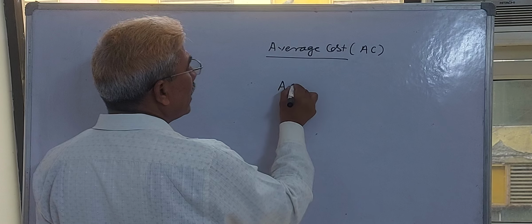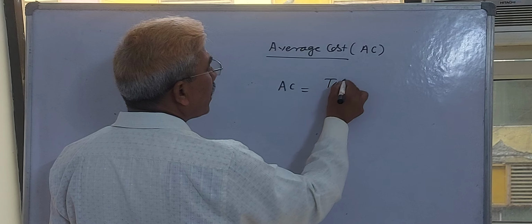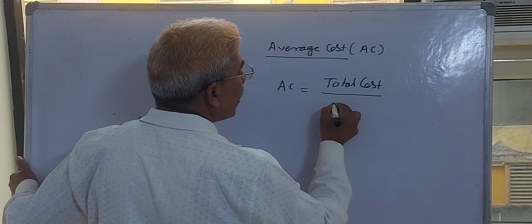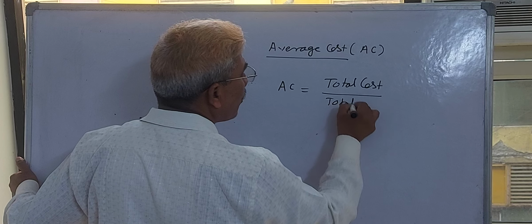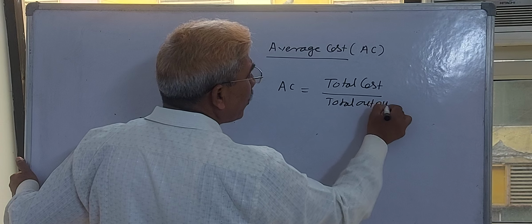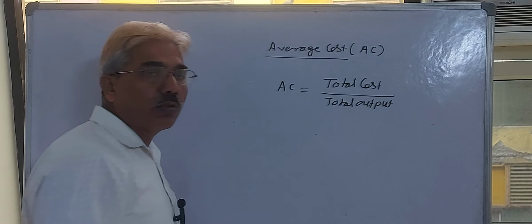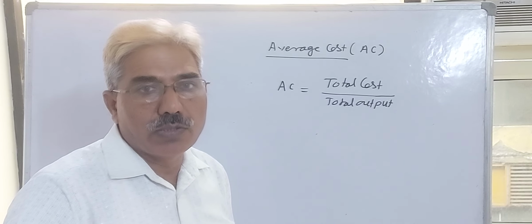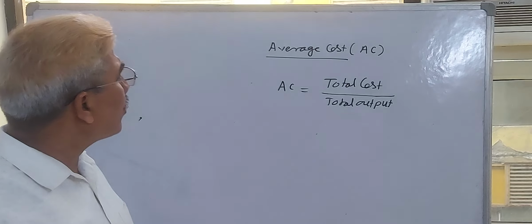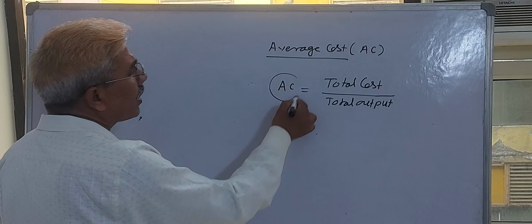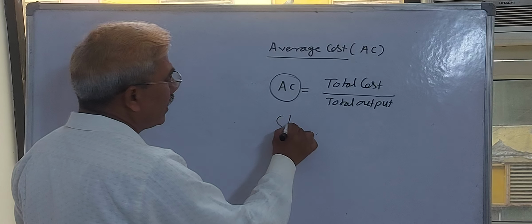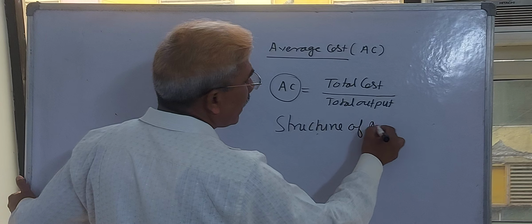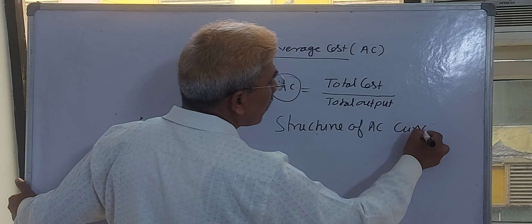Average cost is equal to total cost upon total output. If you divide total cost by total output, you will derive the average cost. Now think about the structure of the average cost curve.